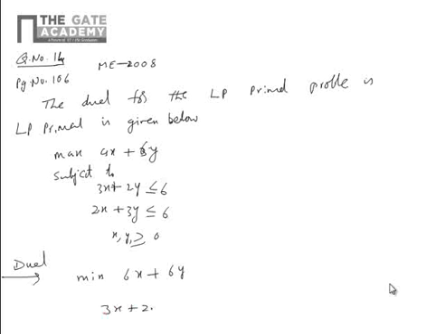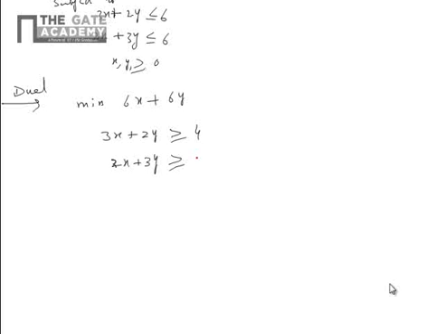So 3x plus 2y, 2x plus 3y, they are symmetrical, so A transpose equals A. Less than becomes greater than. The coefficient of the y variable in the objective function will become the constant of the second constraint. The nonnegativity conditions will be the same.